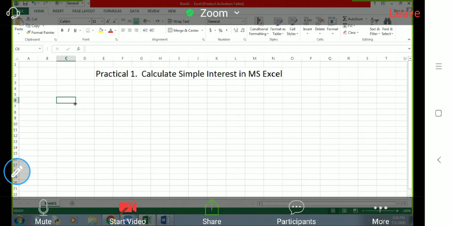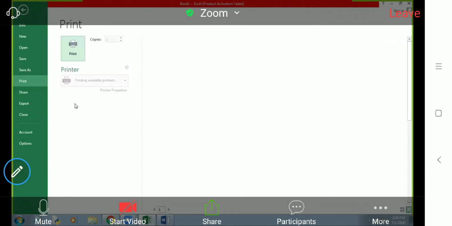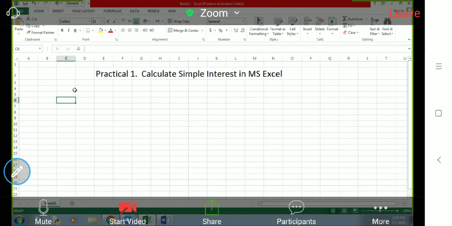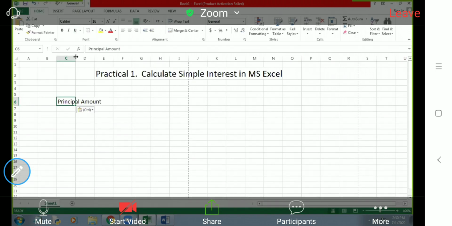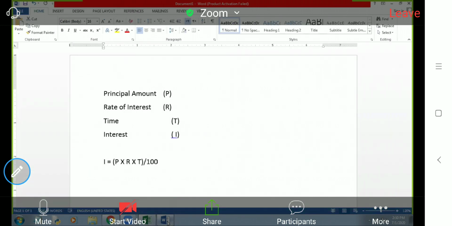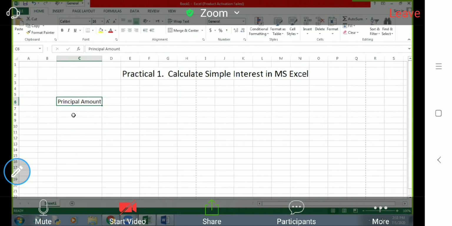Then the second value is the rate of interest. You can write it here also, rate of interest.